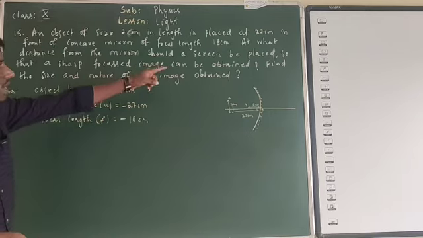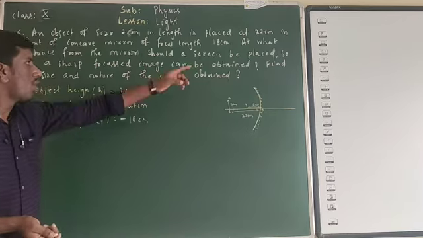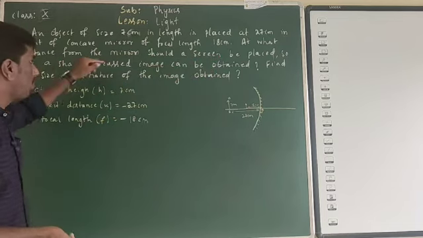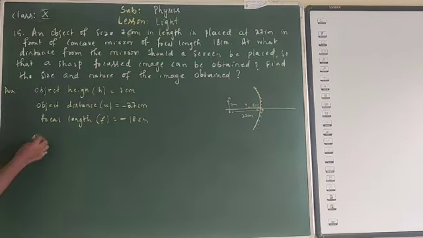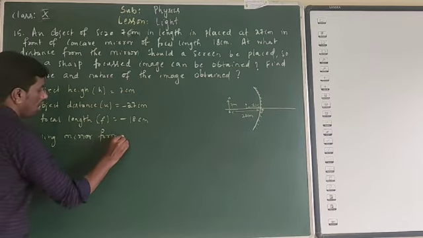So what do we need to find out? We should find out the image distance in order to find at which place we need to place the screen to obtain a sharp focused image. So let me find that using the mirror formula.